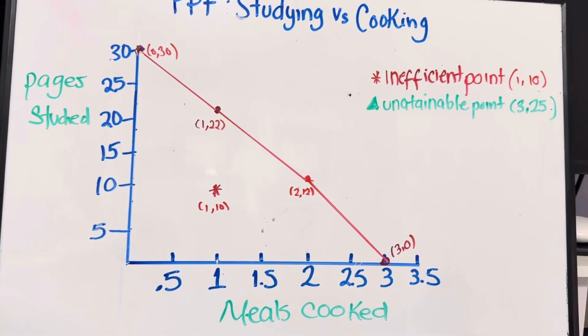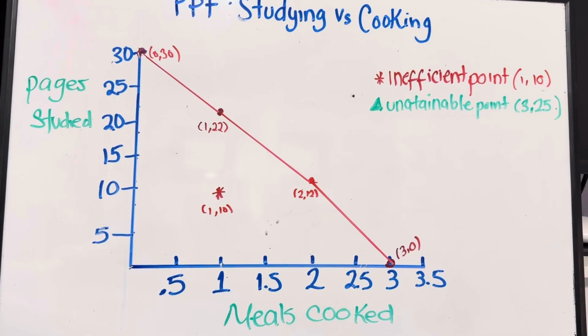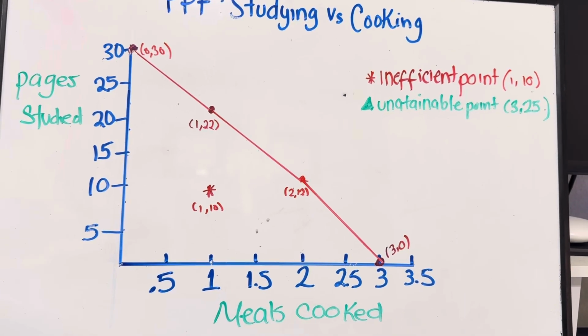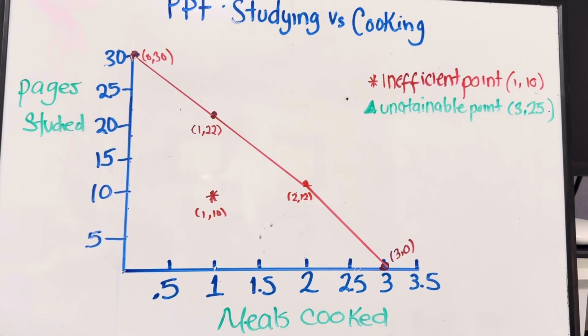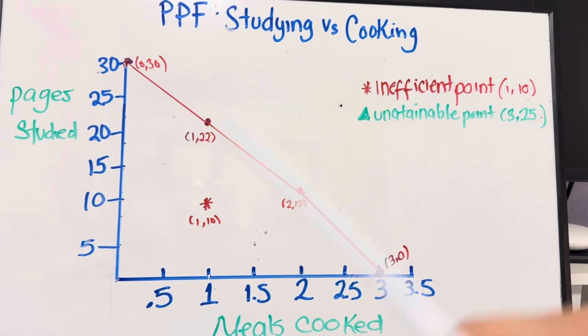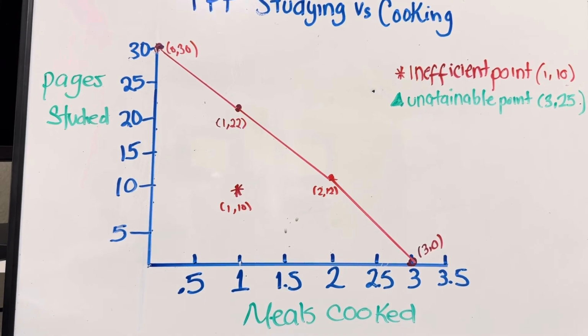I'm cooking more. I have more meals prepared in the same amount of time. So that means my productivity goes up, and so there's more meals available to sell, right?